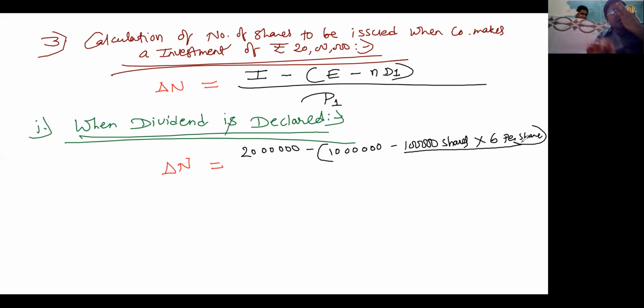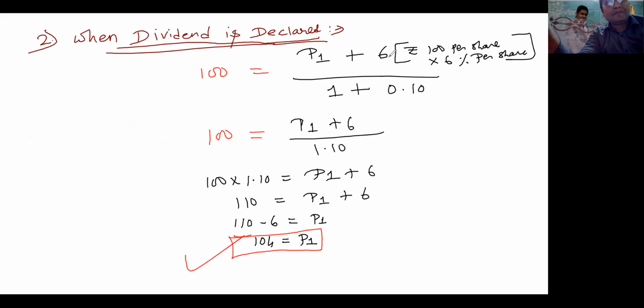D1 is 6 per share, which you have calculated earlier also. This is your D1.